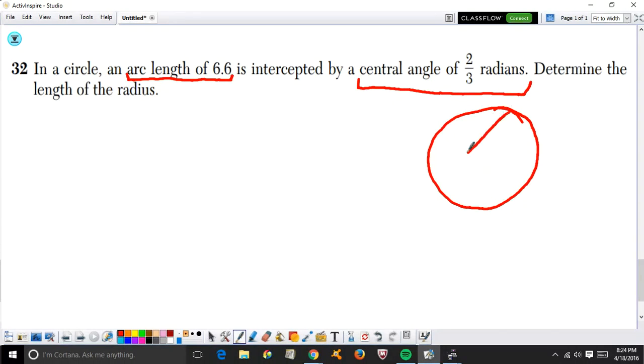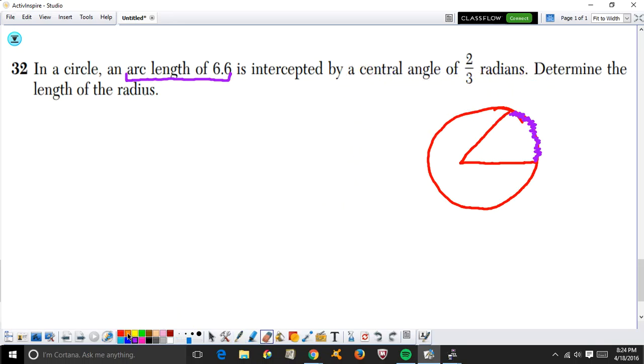So, now let me change this color. Some purple. So, what is the arc length? The arc length is the segment of the circle which is intercepted by the central angle.